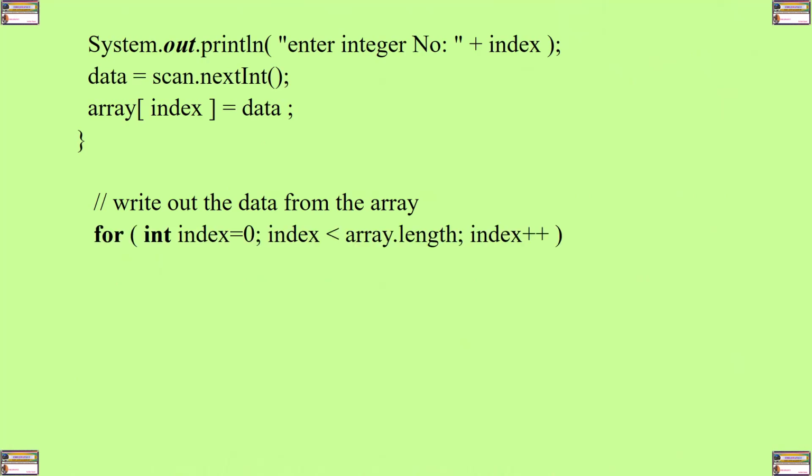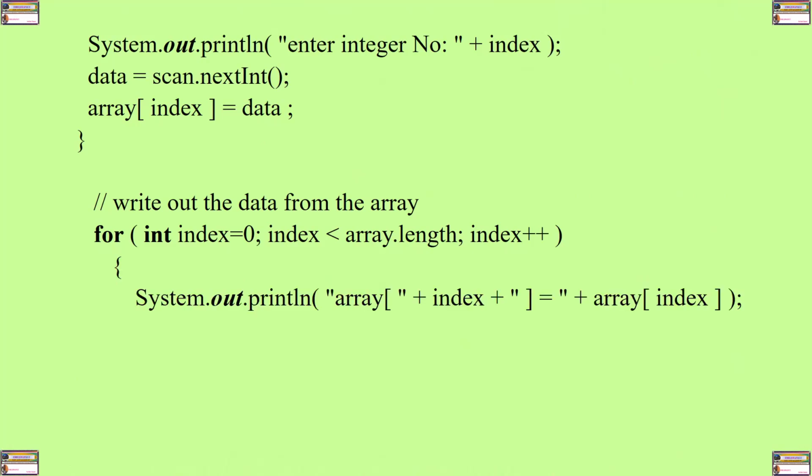So first, you assign or initialize the counter to 0, index 0. Then check if the value in the index is less than the size of the array. Is 0 less than, for example, 5? Yes.